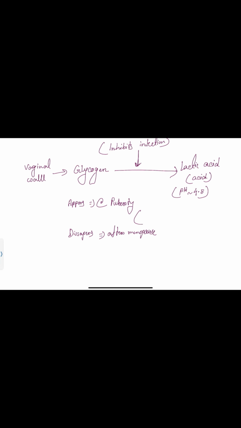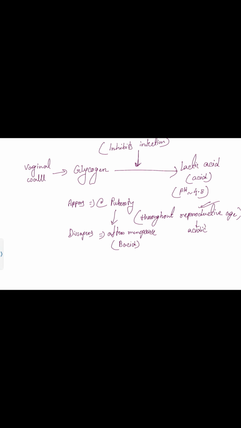So throughout the reproductive phase, your vaginal region is acidic in nature. Once the woman gets menopause, as the Doderlein bacteria disappear, the vaginal flora will become basic in nature.